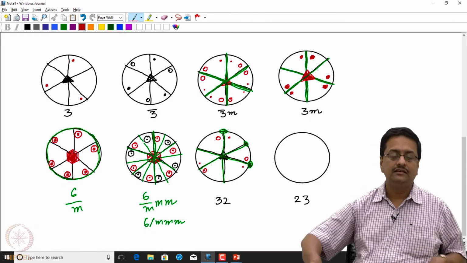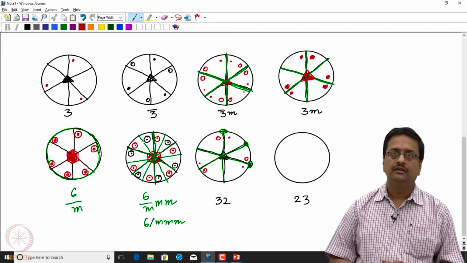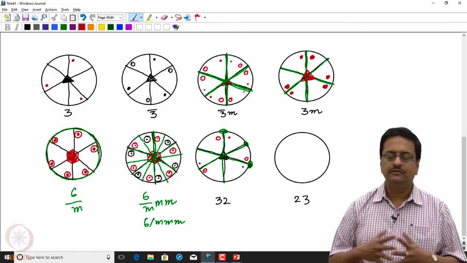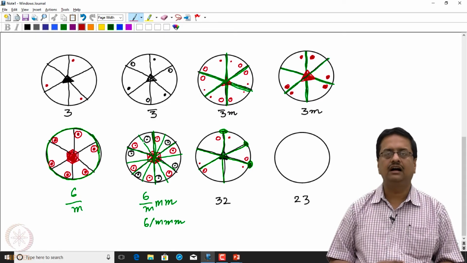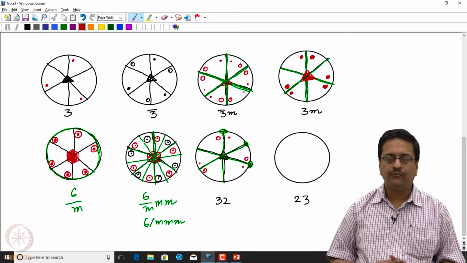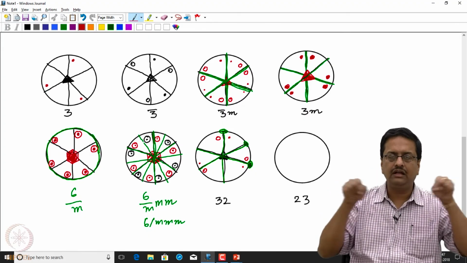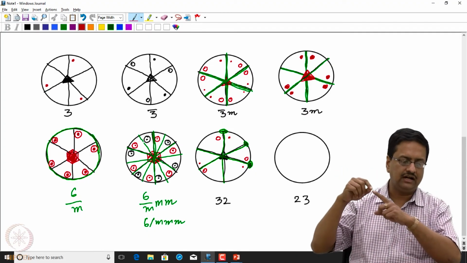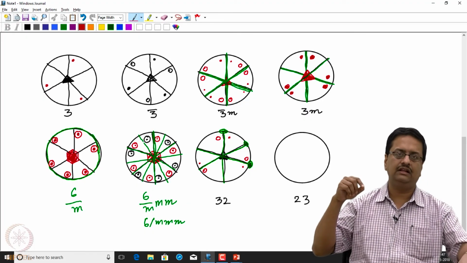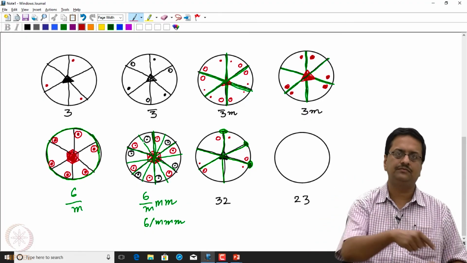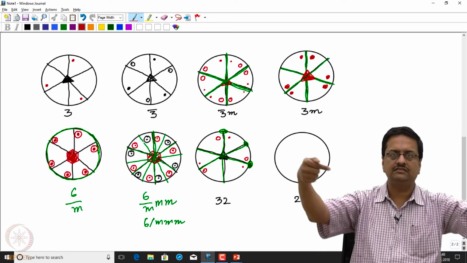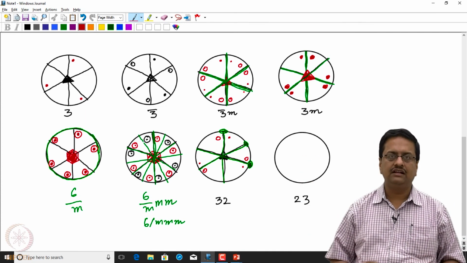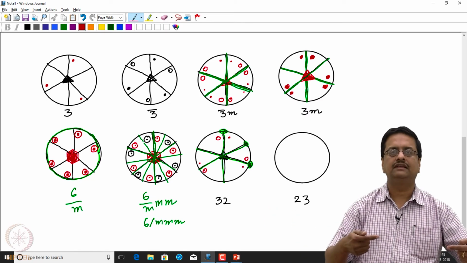But 2,3 is different. 2,3 is a cubic point group, and in a cube what you have are 4 threefold axes. If you draw a cube, then from every corner to the other corner along the body diagonal is your threefold, and there are 4 such threefolds, and the twofolds that you have are along the faces.